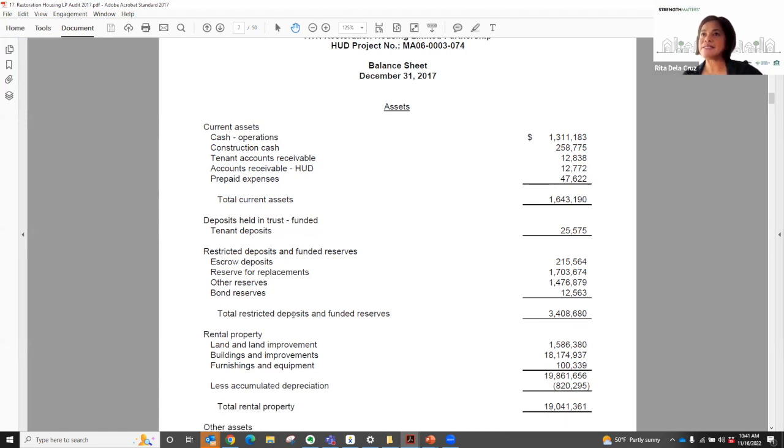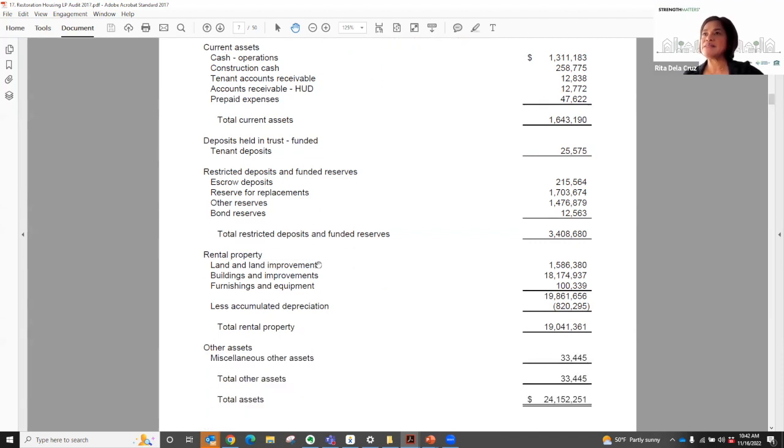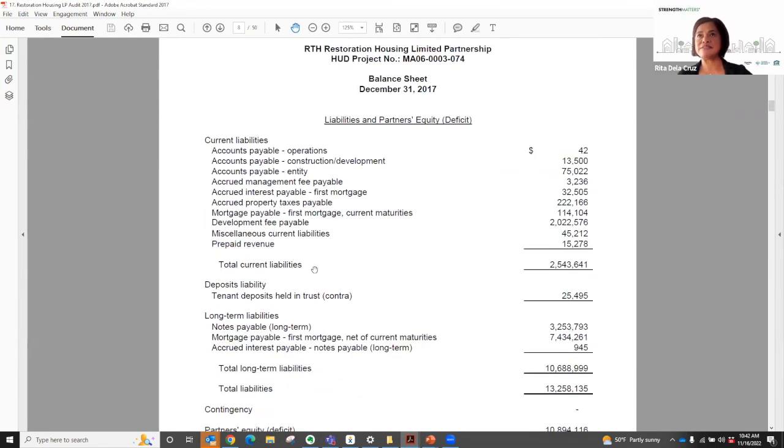And to those that require that, that's the most important asset of a housing financial statement. And in the liabilities section, they would have the notes payable first, because the notes payable is what was used to pay for the real estate property.